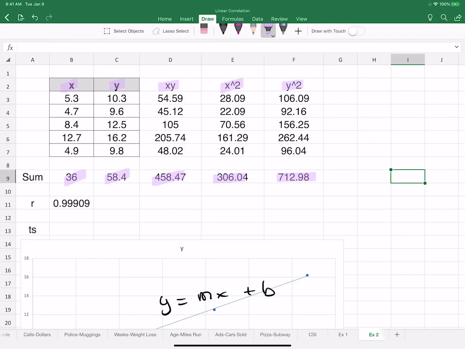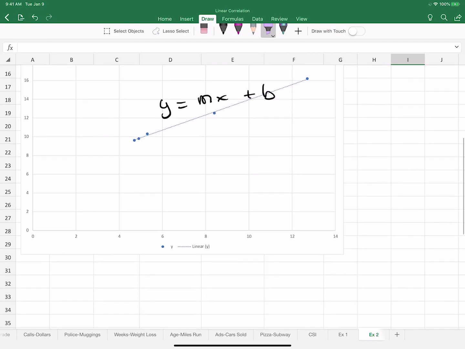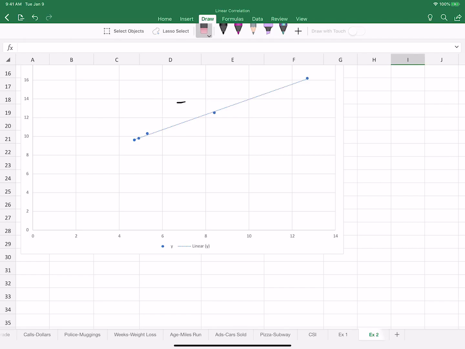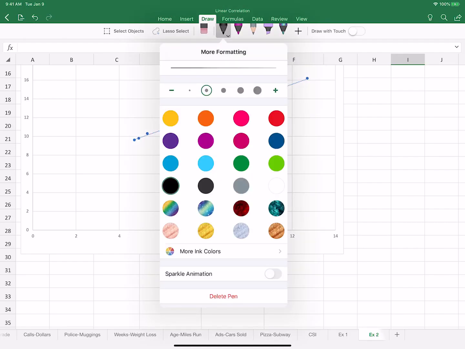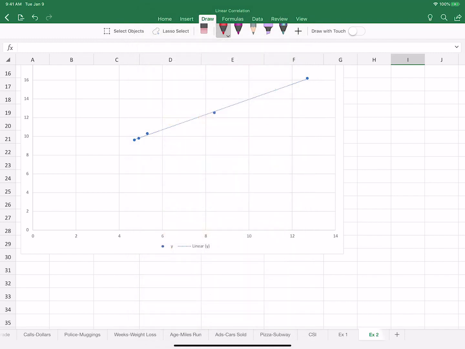Okay, let's write this down here. But before we do, let's erase this. Y equals, what did it equal? Plus what value?